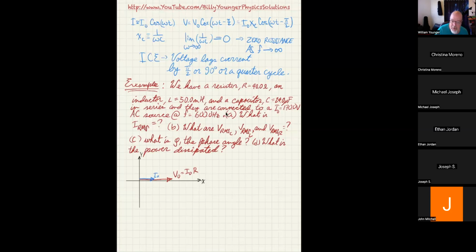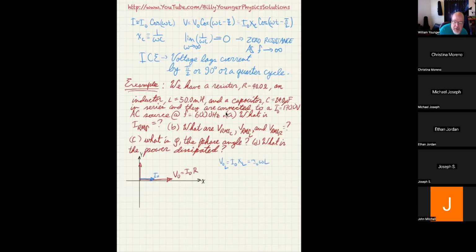Now, what we also know is that the voltage across the inductor, V0L, is equal to I0 times XL, which is equal to I0 times omega L. And that's going to be ahead of the current. So now we're going to draw another red vector.